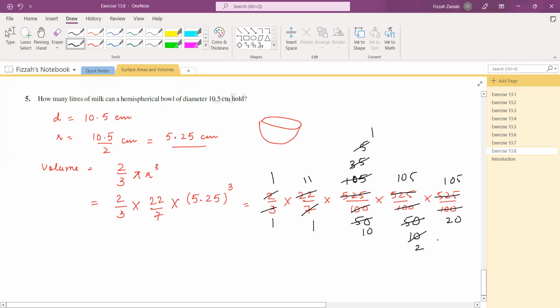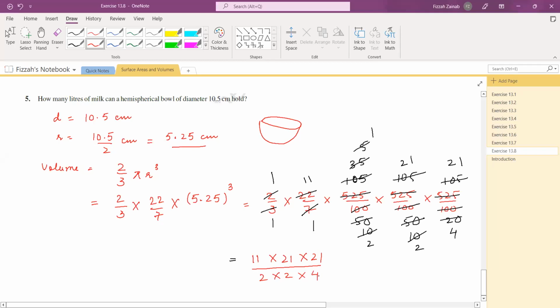Can I divide it further? Yes, so 5 into 2 and then 5 into 2 into 1. Then again 5 into 4 and 5 into 21. Yes, so I think it has become a bit simpler. Now I'm left with 11 into 21 into 21 divided by 2 into 2 into 4.